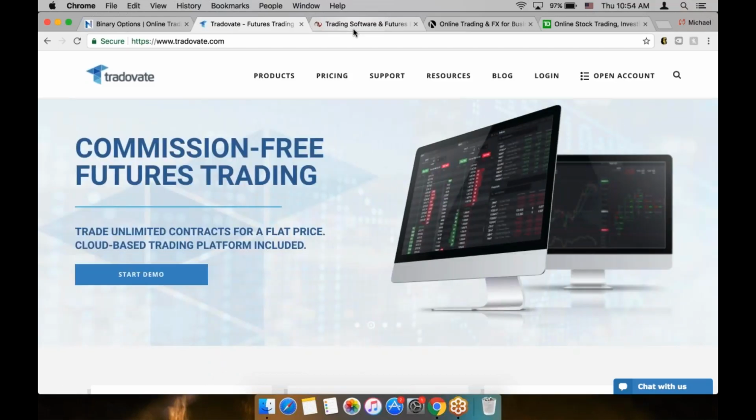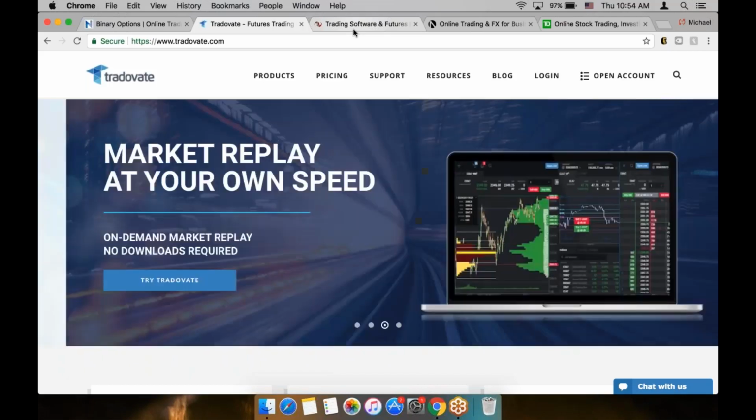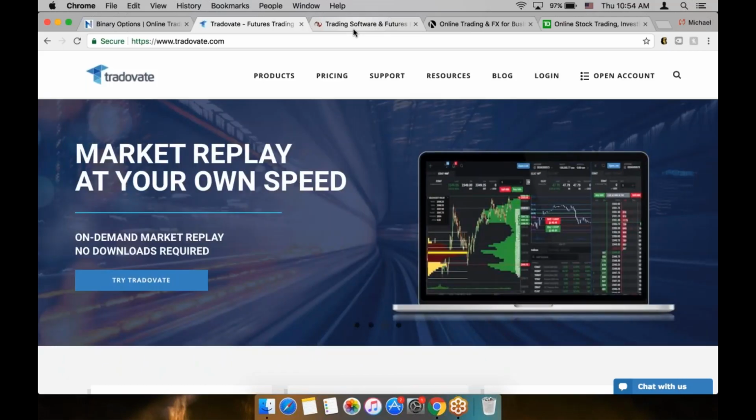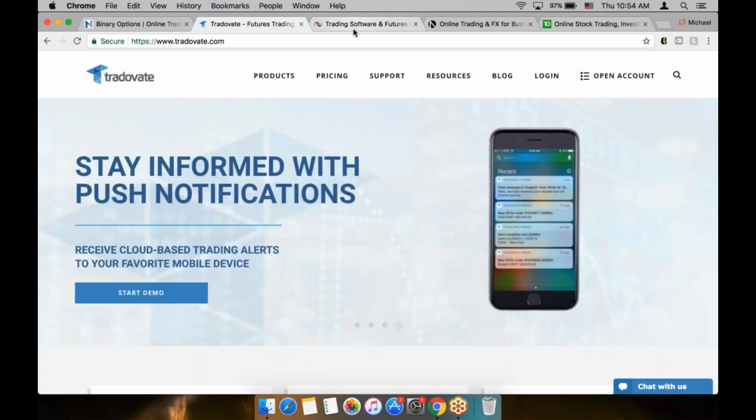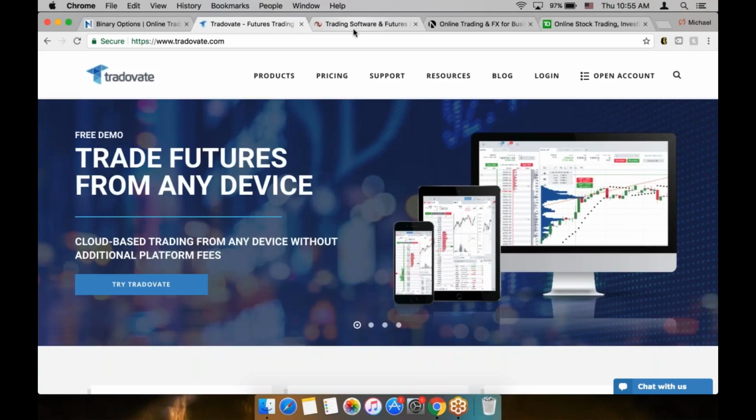That will allow you to carry roughly, when you're trading intraday, $500 margin per contract per CME exchange. So, for instance, if you were to trade one contract on the S&P, you would need $500 worth of margin available to open up that one contract.